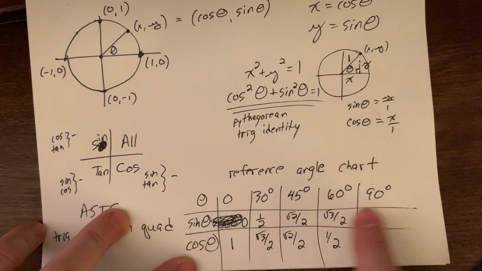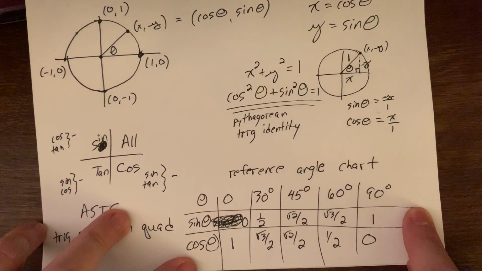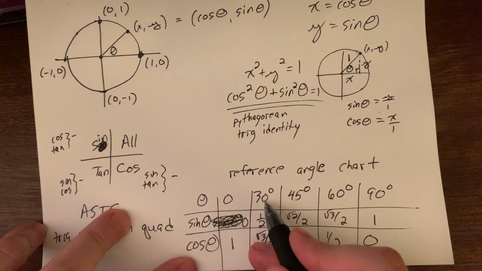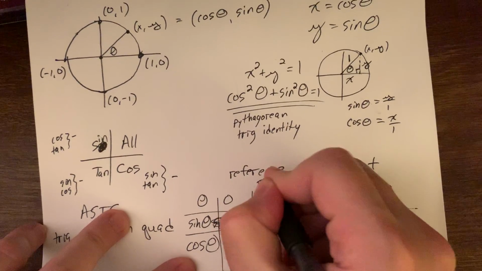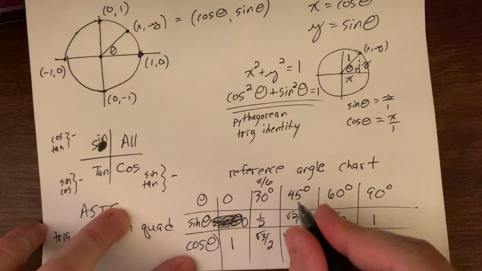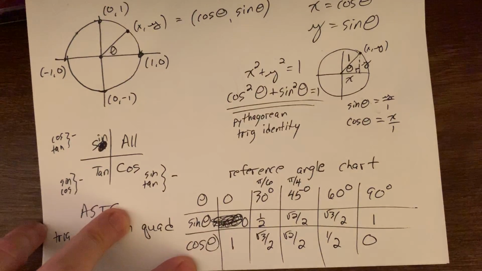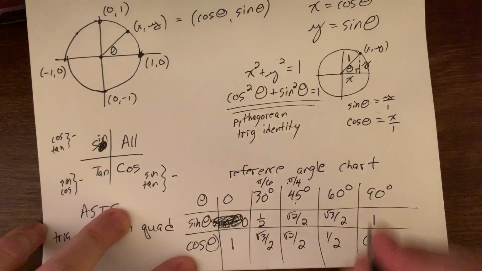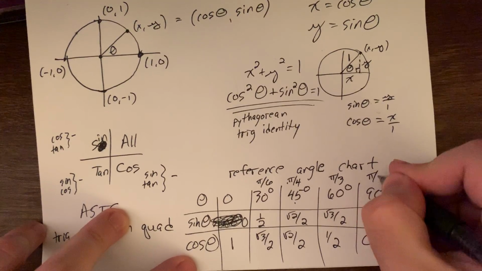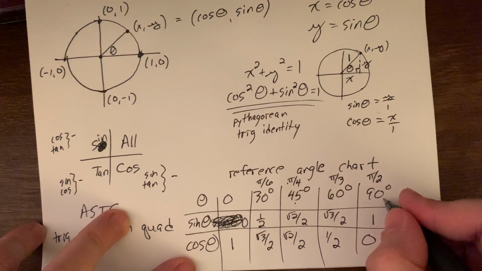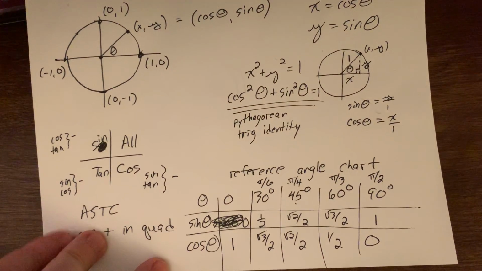Get accustomed to the common reference angles and their radian equivalents. 30, well, pi is 180. 180 divided by what gives you 30? Pi over 6. 180 divided by what gives you 45? 180 divided by 4. So 45 is pi over 4. Then 60 will be pi over 3. We actually had this one when we did our angle video. That was our pi over 2. And 0 is still 0, either way you look at it.